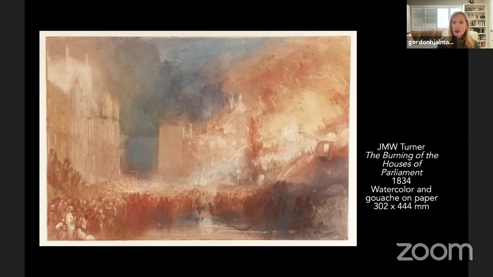To the left of the Houses of Parliament, which is in the middle of the painting, the middle of the watercolor, we will have Westminster Abbey, the great cathedral. And then we have all these figures in the foreground would be people watching as the water cascades over the burning building.